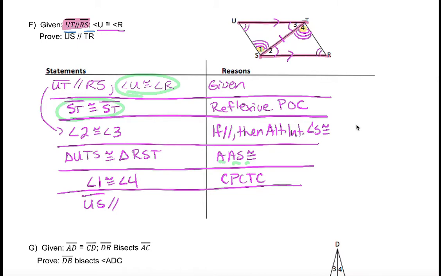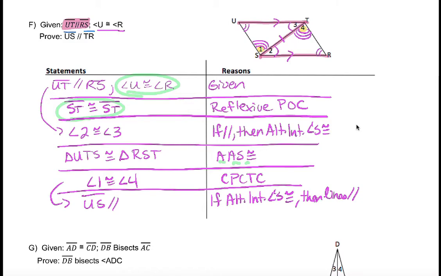Now, when you are using angles to get to lines, you need to use the converse. And 1 and 4 happen to also be alternate interior angles, so I'm using the alternate interior angles converse, which you could write that for the title, or you could say if alternate interior angles congruent, then lines parallel.